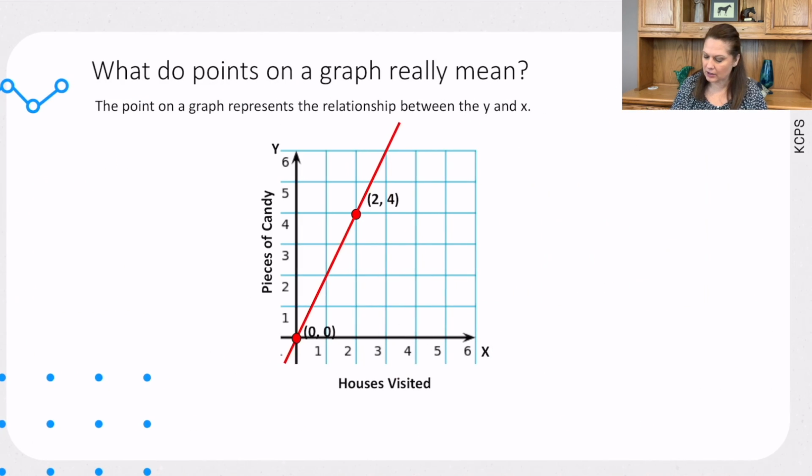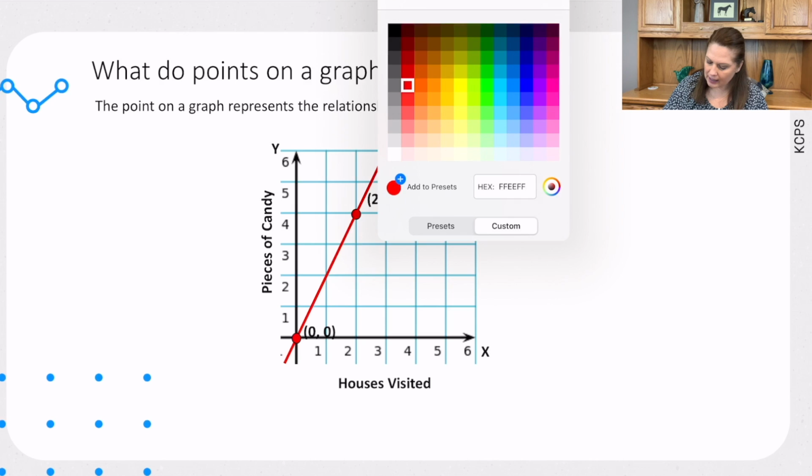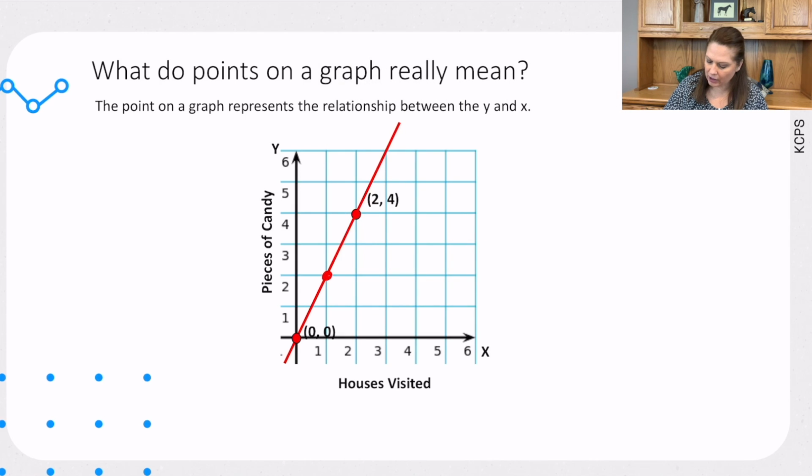Okay, we must have that, and that means we haven't gotten started yet. So let's continue. You'll notice that this is a proportional relationship because it is in a straight line. What that means is any point on that line represents a relationship. So if we put a dot here, this is our 1, 2, and that represents for every 2 pieces of candy, I get it from 1 house.